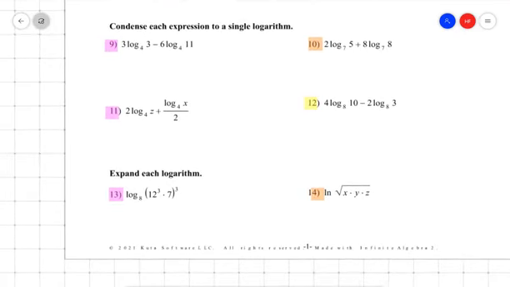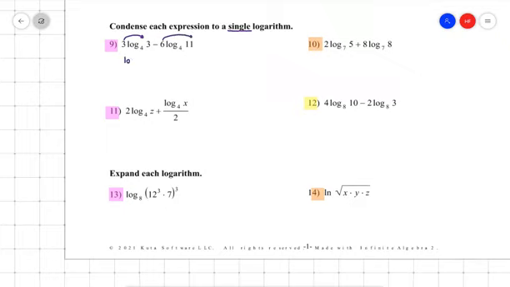Now on the next section, we are condensing into a single logarithm. So we want just one log in there. And so first thing I want to do is change these to be powers.